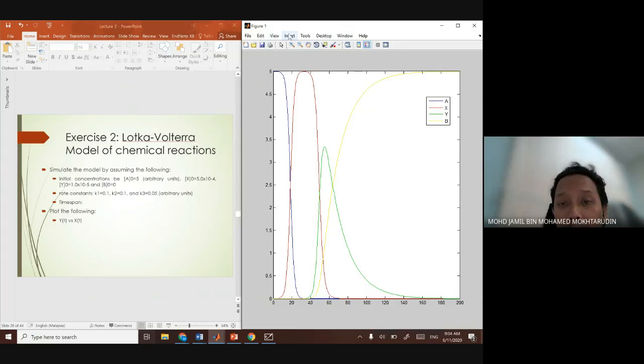And then you can put y axis. So we put x axis first. So x axis is time. And then for y axis is the chemical concentration.